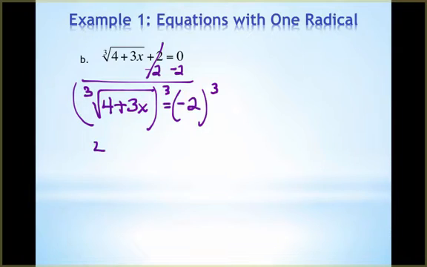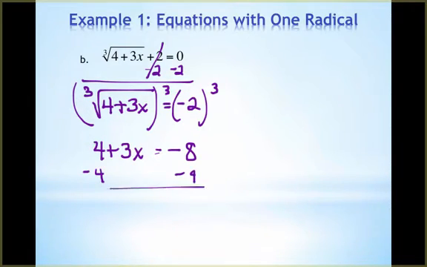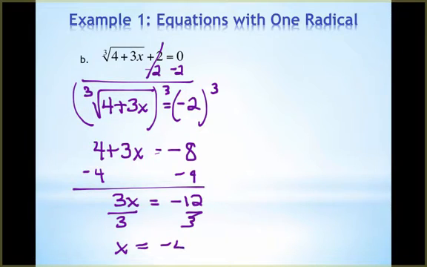I get 4 plus 3x, because the cube root being cubed will cancel, and negative 2 cubed is negative 8. Now we want to get x by itself, so we'll subtract 4 and get 3x equals negative 12. Divide by 3, and x is negative 4.